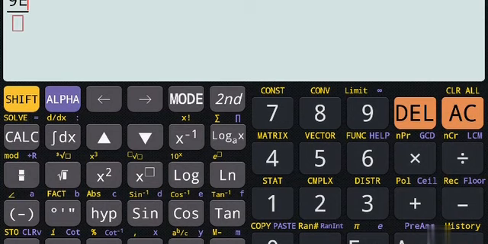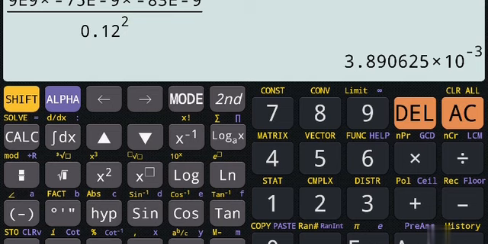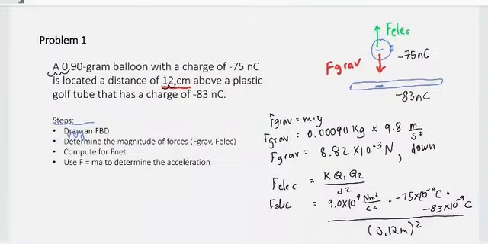So 9 exponent 9 times negative 75 times 10 to the negative 9 times negative 83 times 10 to the negative 9 divided by 0.12 squared. 3.89 times 10 to the negative 3 newtons. Okay.